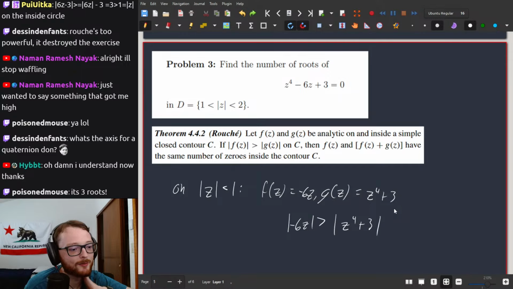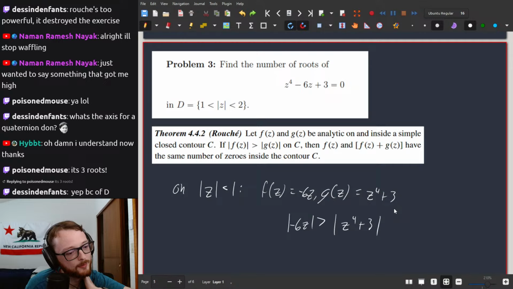Pui is saying 6z minus 3 is greater than or equal to 6z minus 3. I guess that's triangle inequality, or something. Three roots? Because of D. I don't know how you just find that.